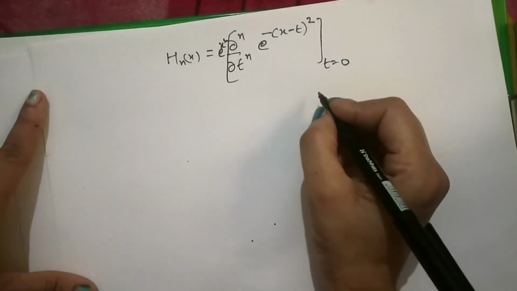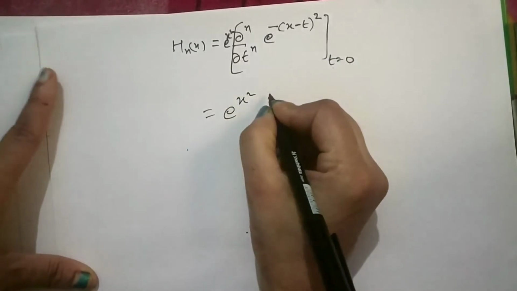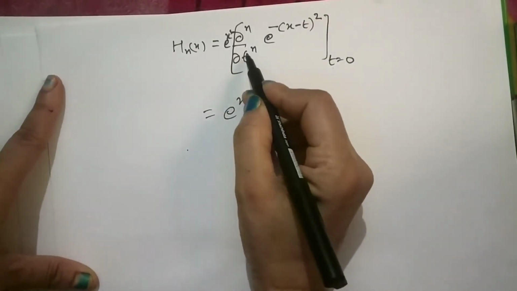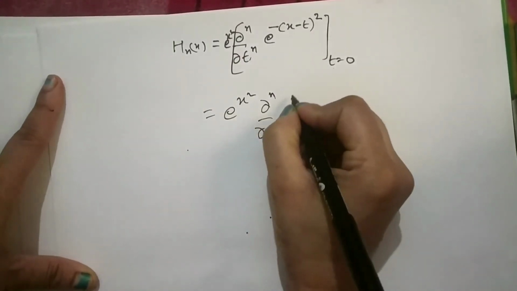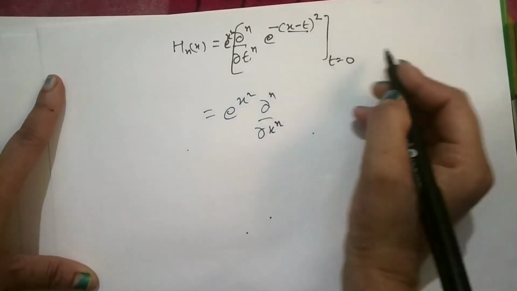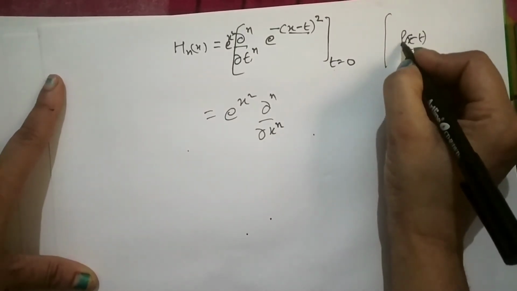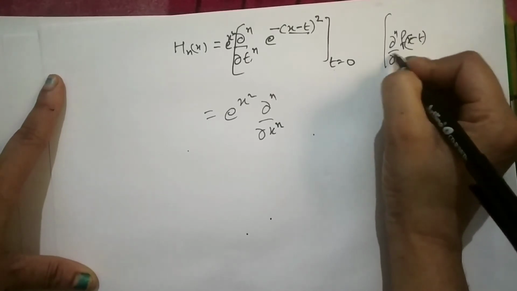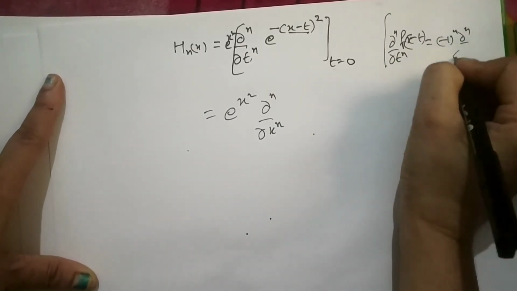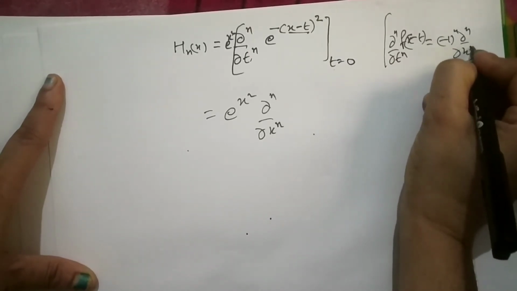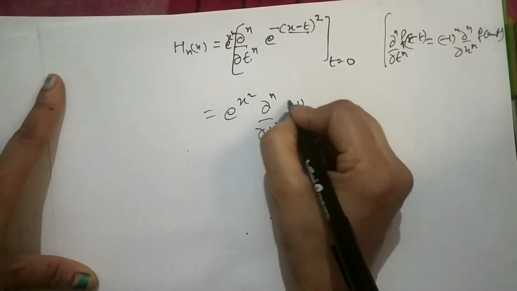Now we will use the second important result: if we change the derivative from t to x, and here x minus t, like in this formula I have written x minus t, if a function is of x minus t, its nth derivative with respect to t has to be changed into the nth derivative with respect to x, without changing the value of the function, just put minus 1 raised to power n.